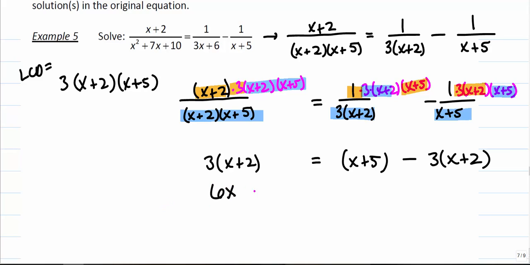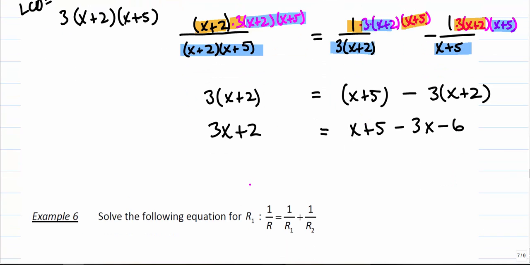So I get 3x plus 2 equals x plus 5 minus 3x minus 6. So 3x plus 2 equals negative 2x minus 1. Now I'm going to do this in one step, guys, to save space and time.